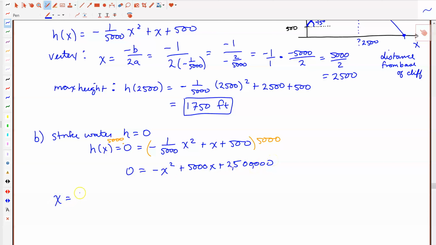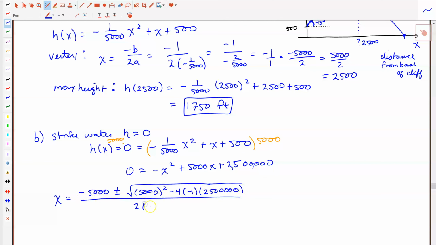So I'll have x is equal to negative b, so negative 5,000, plus or minus the square root of 5,000 squared minus 4 times my a value, which is negative 1, times my c value, which is this 2,500,000, all over 2 times my a value, which is negative 1.